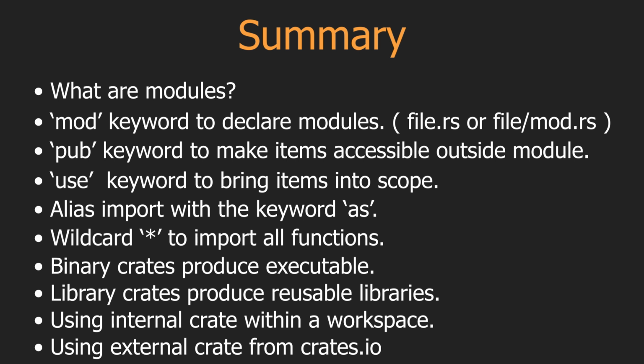This video will be very useful for your journey with Rust, as you don't need to write every functionality by yourself, but you can leverage reusable libraries to create programs faster.